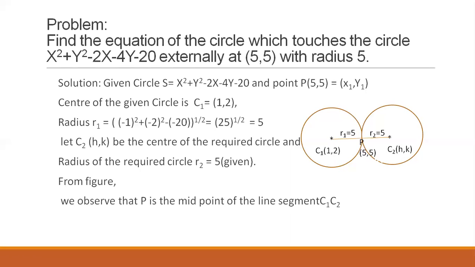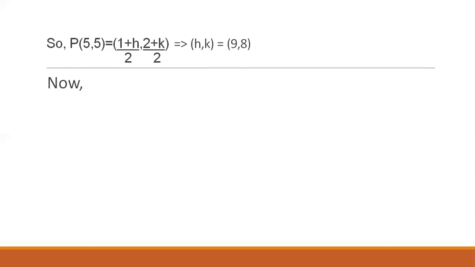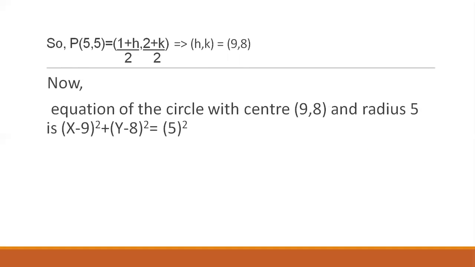Can we write the midpoint formula, children? Yes, (x1 plus x2) by 2, comma (y1 plus y2) by 2. So, P (5, 5) is equal to ((1 plus h) by 2, (2 plus k) by 2), from which (h, k) is equal to (9, 8). That is the center of the second circle. So, we know the center and radius.